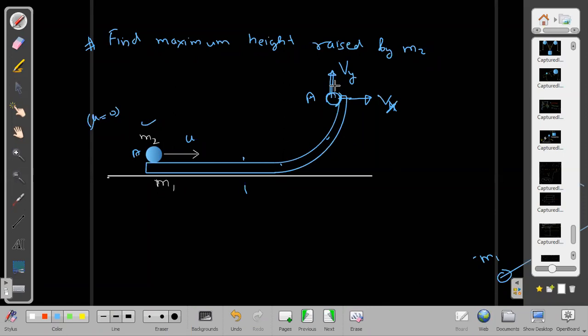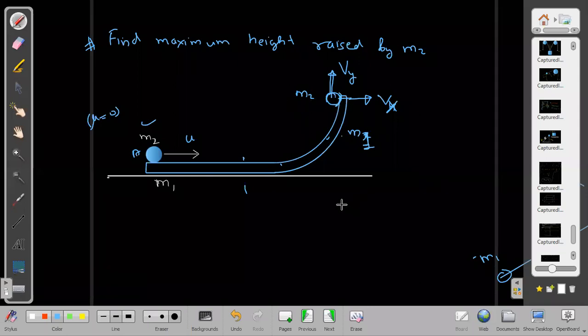Why will it fall back at the same point? Because A is M2. M2 and M1 both have the same horizontal velocities. If I'm looking from the frame of M1, then M2 will appear to be just going vertically up and coming vertically down, because in the frame of M1, M2 has no horizontal velocity.